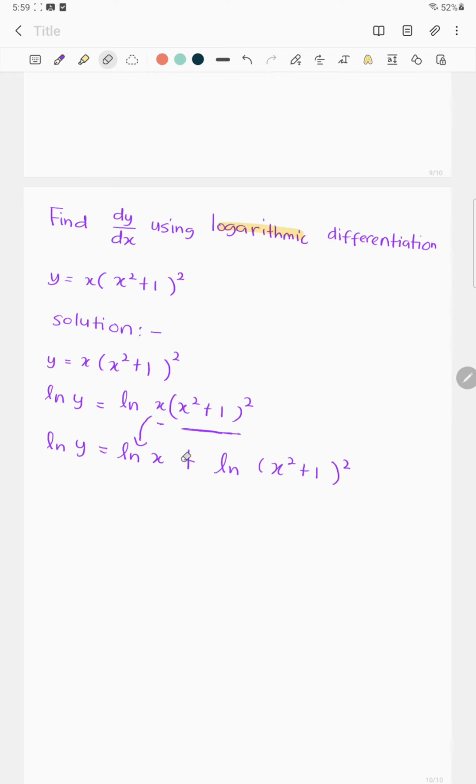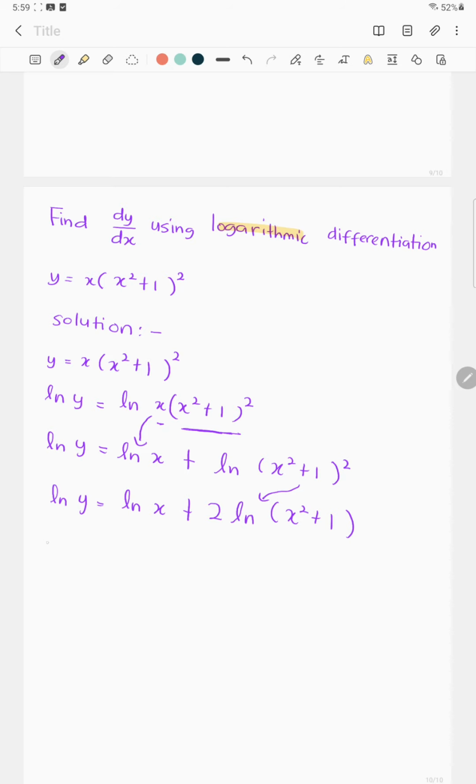Since here we have a power, the power can be put in front of the expression, so we put it in front, and then ln of x squared plus 1. This is the simplest form that we can make for the ln.